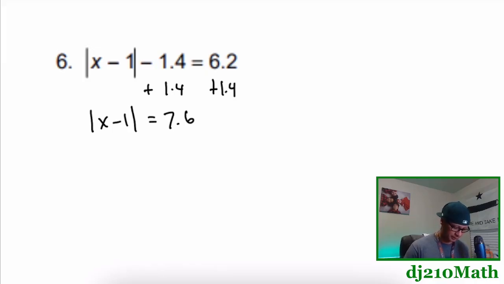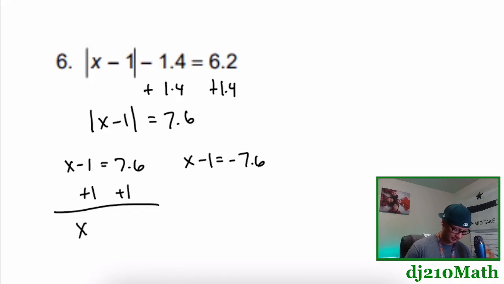So we're going to split this into 2. x minus 1 is equal to 7.6, and x minus 1 is equal to negative 7.6. Adding 1 to both sides, we get x is equal to 8.6.